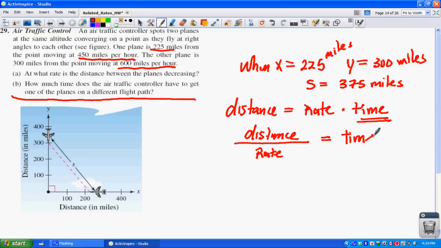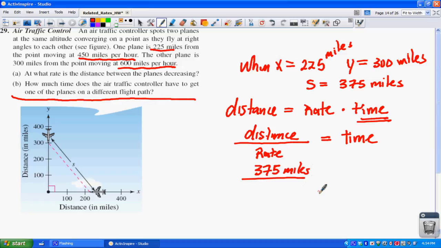Now the good part is we know these two quantities. We know that when one plane is 225 miles away and the other is 300 miles away, the distance was 375. So if you're wondering how the solutions manager came up with that, that's how.